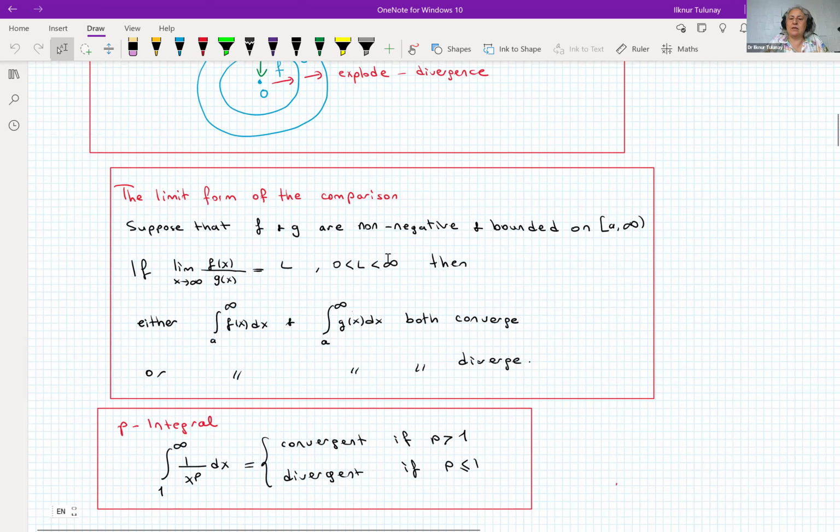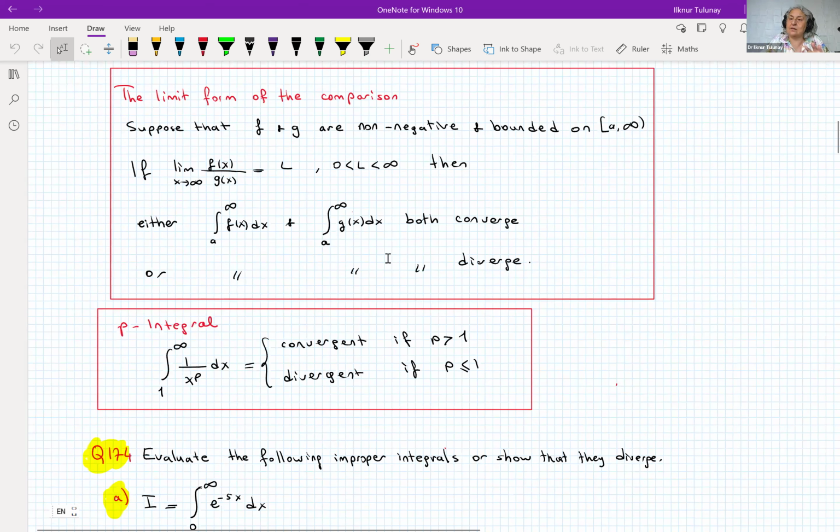The limit form is another quick way, a great tool for the comparison test. You have f and g functions, non-negative and bounded. You just look at the limit of f(x) over g(x), and if you find a limit which is between 0 and infinity, not infinite itself, a positive finite limit, then you can say that f and g either both converge or both diverge.